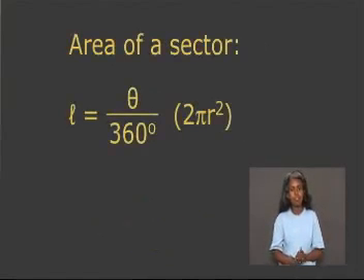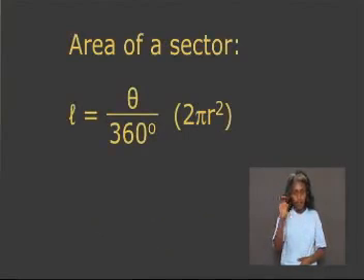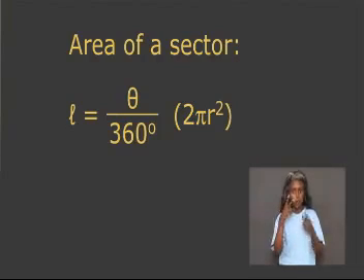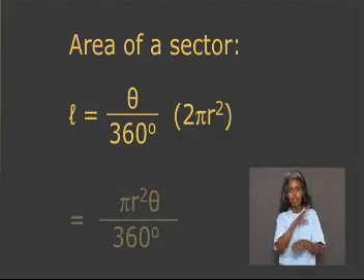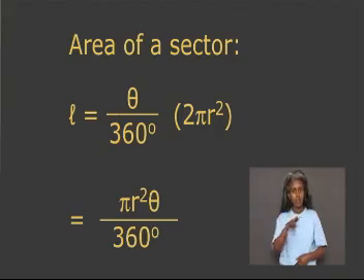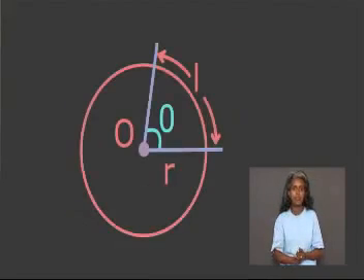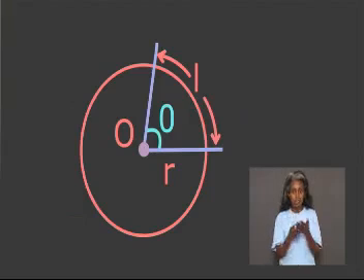The formula for finding the area of a sector looks very similar, like this. As you can see, it is a ratio of the subtended angle times pi and the squared radius. This is divided by 360 degrees. There is also a formula used for measuring the perimeter of a sector.